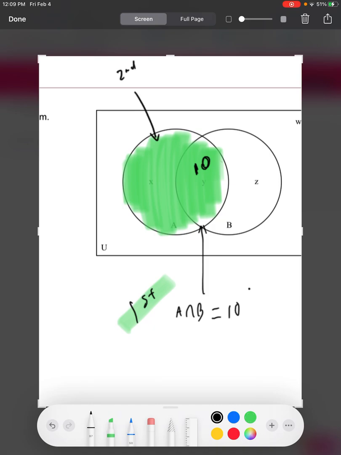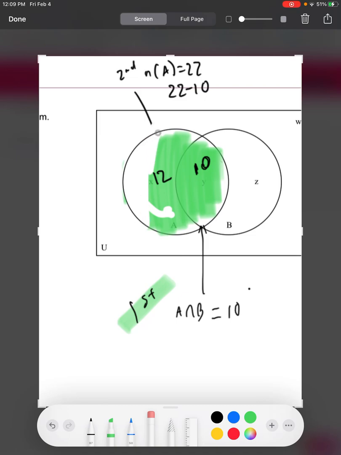So the second thing that we're going to do, if it tells us that A is 22, in order to just find this, all we have to do from that 22 is subtract 10, because that is still part of A. So all we have to do is 22 minus 10, and when we take away our 10, it should give you a nice number like 12, telling us that that is 12.